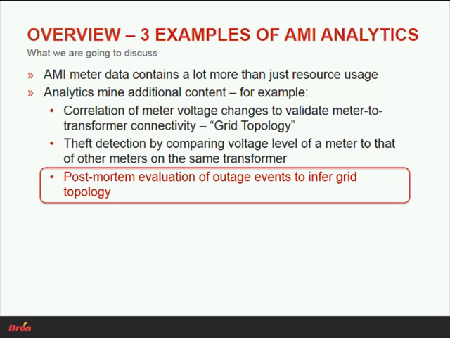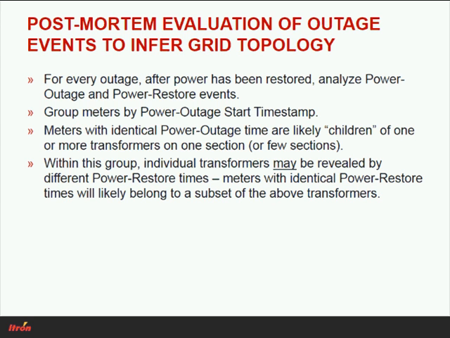In fact, it can probably be done with 15-minute or even hourly interval data. And all it consists of is to systematically look at outage events and basically look at which meters went out together and which ones didn't.